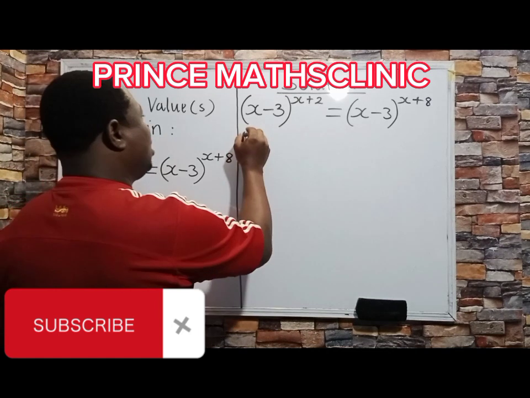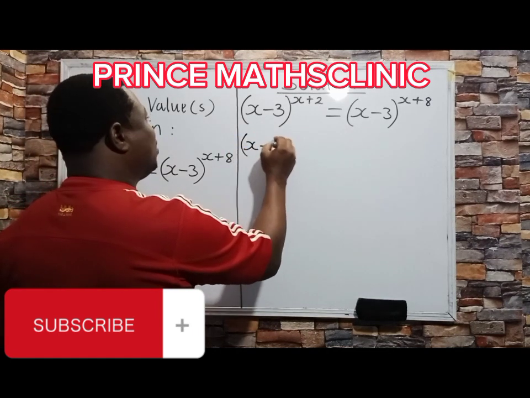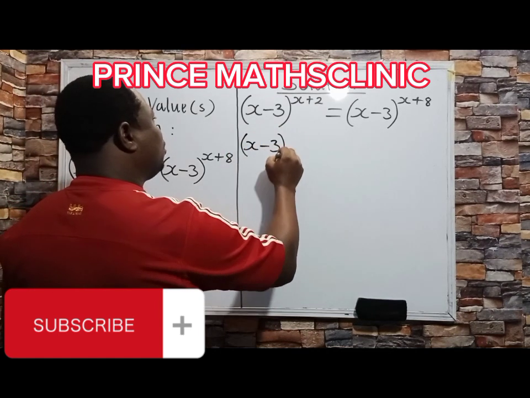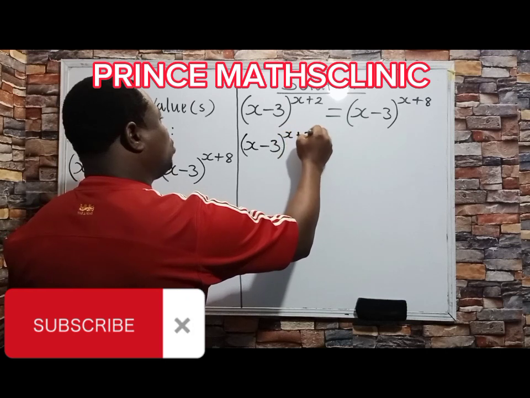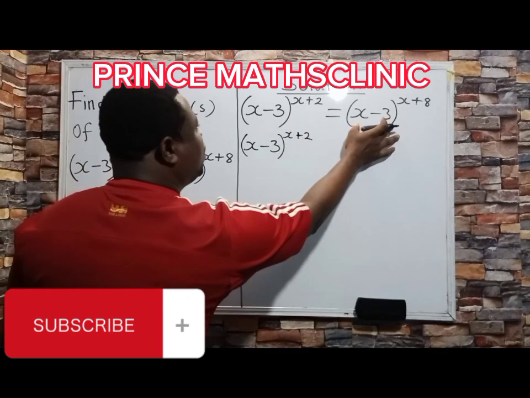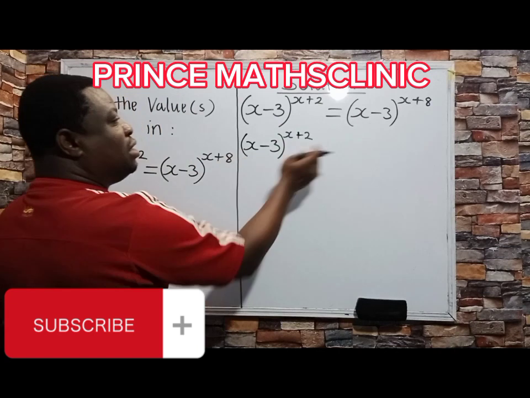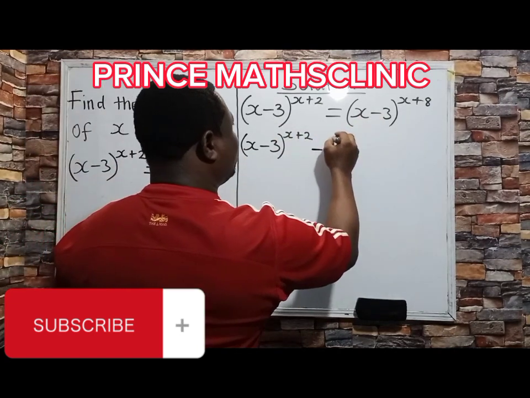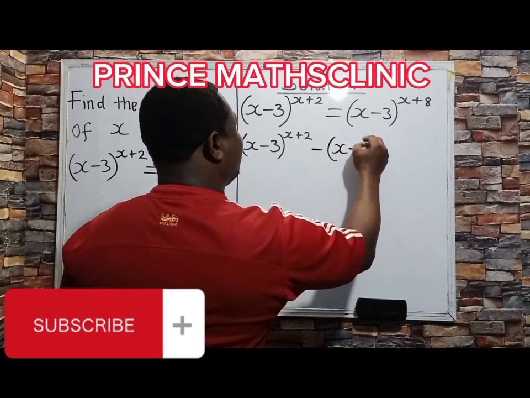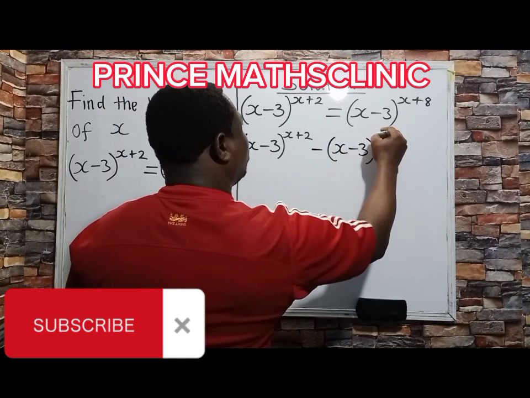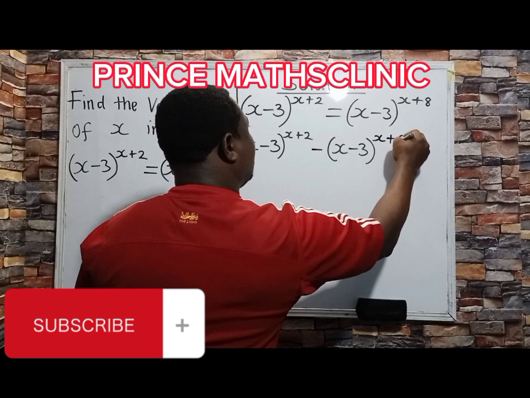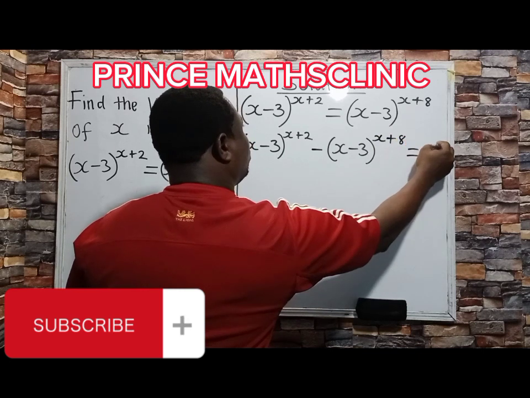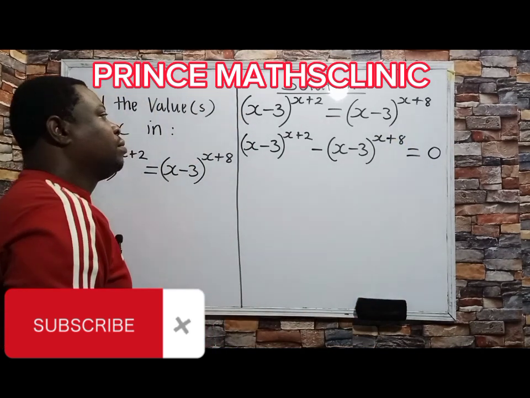Now, I want to move (x − 3) to the power of (x + 8) from the right hand side to the left hand side. So I'm going to say minus (x − 3) all to the power of (x + 8), and I'm going to say equal to 0.